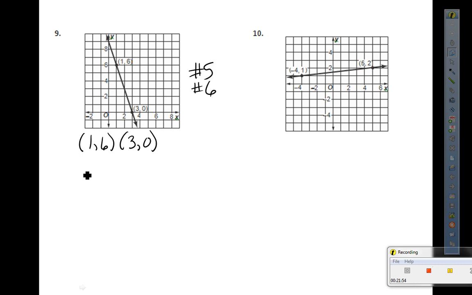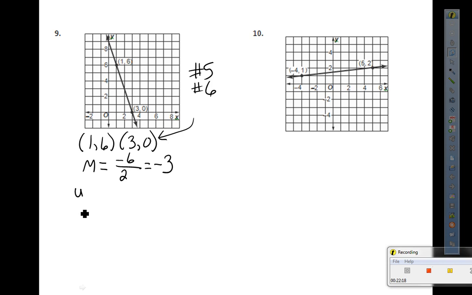I'm going to find the slope. So my slope is going to be 0 minus 6 over 3 minus 1, which is -6 over 2. So my slope is -3. Pick whichever point you want to work with. Well, if there's a 0 involved, I'm going to use a 0.